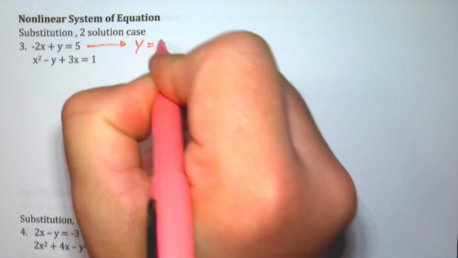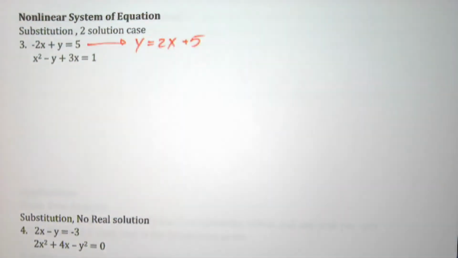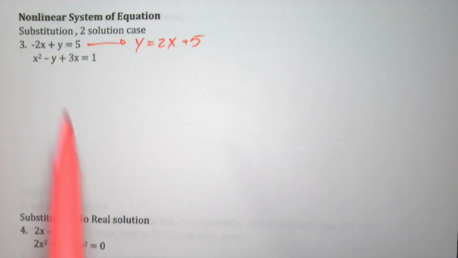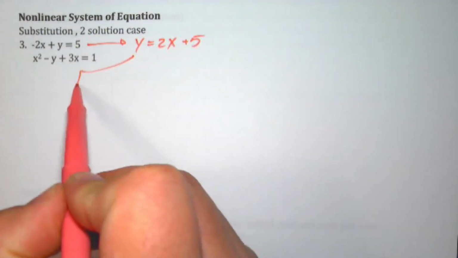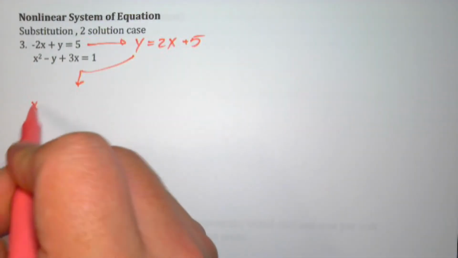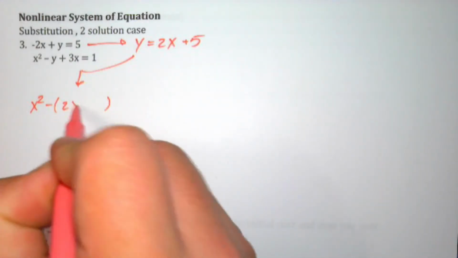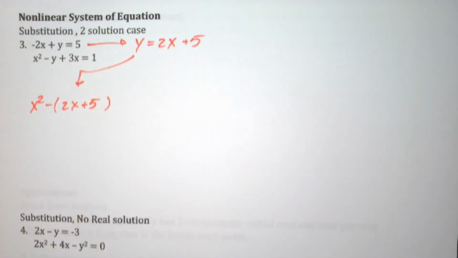So we get y is equal to 2x plus 5. So we got y. We now need to substitute it into this quadratic case down below. So we have the x squared minus whatever y is, so that's our 2x plus 5.